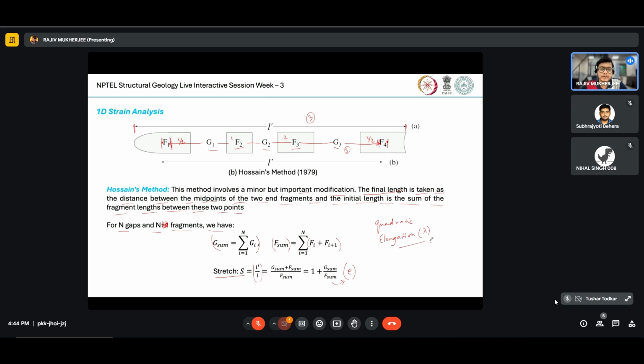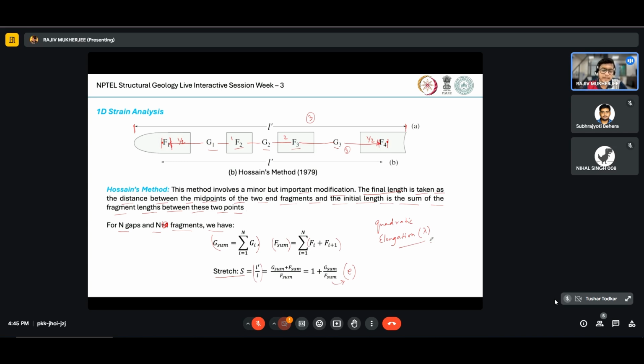The important purpose of this one dimensional strain analysis is to identify the amount of stretch that has taken place, as well as to find if there is any preferred orientation of this stretching. I mean, if this linear feature along which the extension or the stretching has taken place has a particular trend.